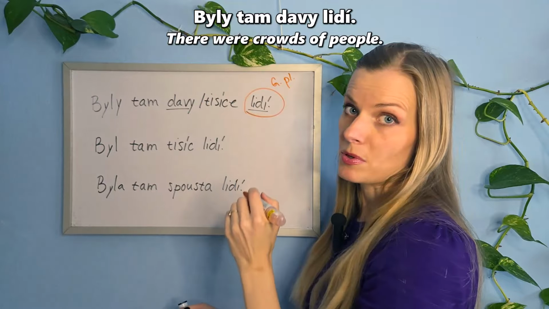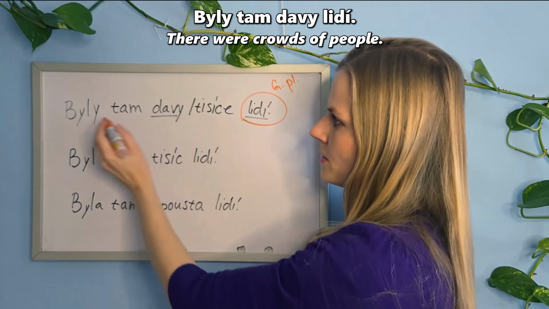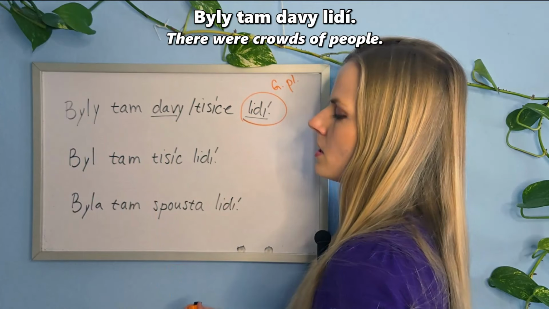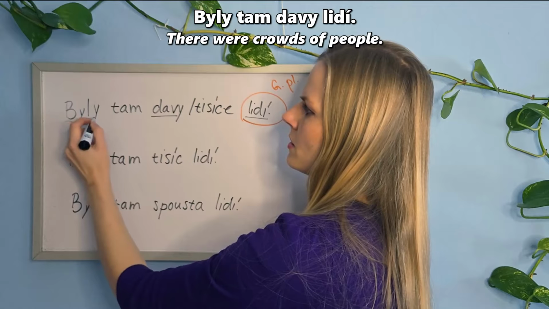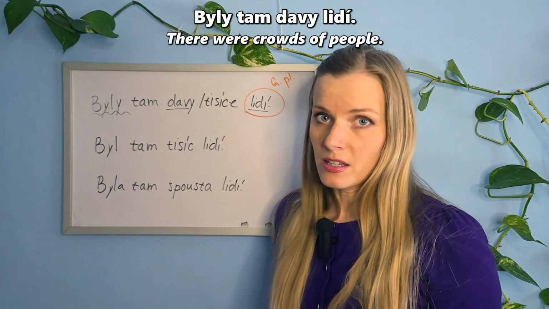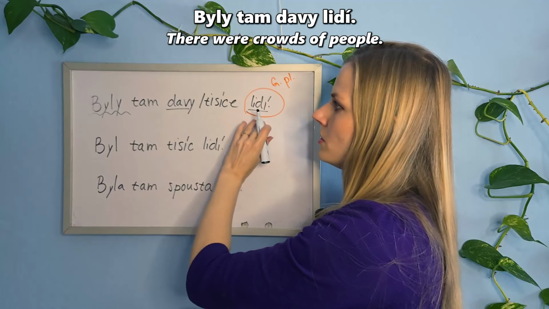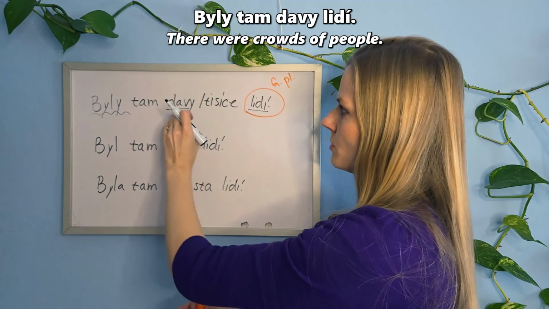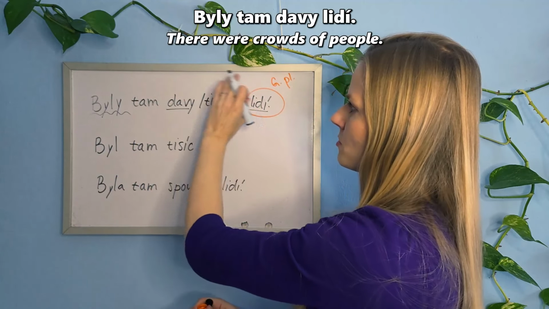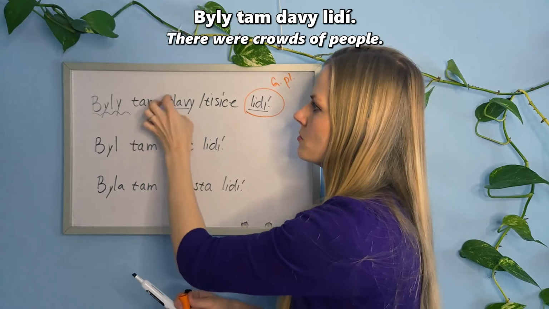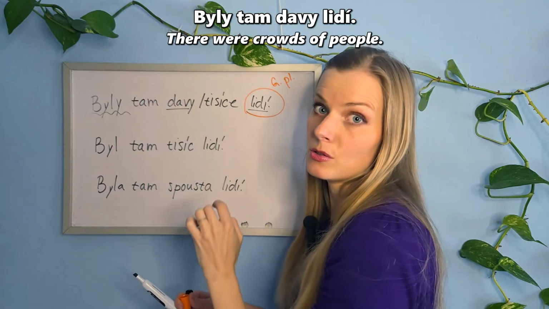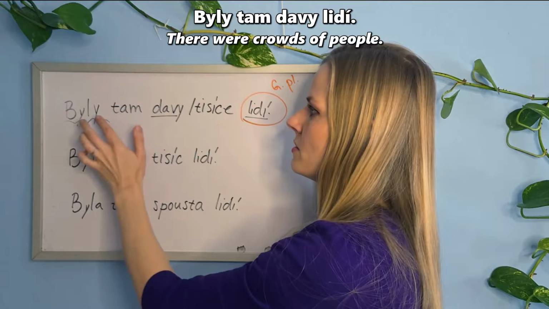And the verb, guess what, is in the plural form here. Well, because davy is crowds. Crowds where? Crowds of people were there. So although davy lidí is the subject, it still points to this main core. Davy, crowds. Davy byly.